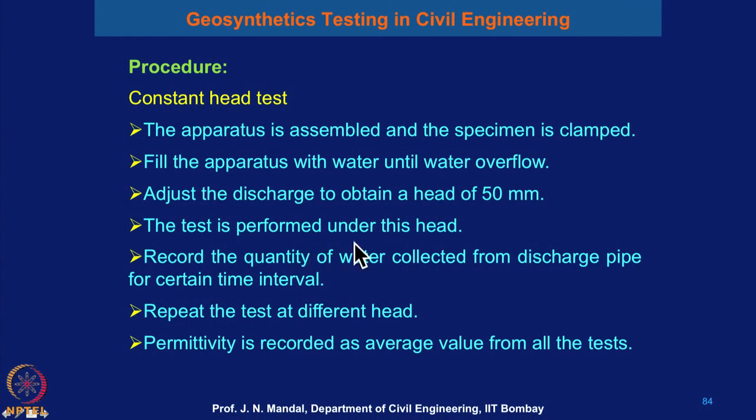The test is performed under this head, and you record the quantity of water collected from the discharge pipe for a certain time interval, and repeat the test at different heads. Permittivity is recorded as the average value from all the tests.